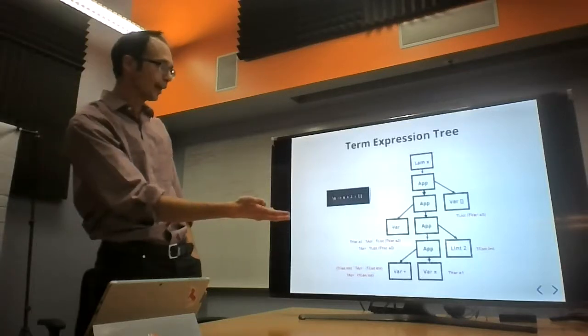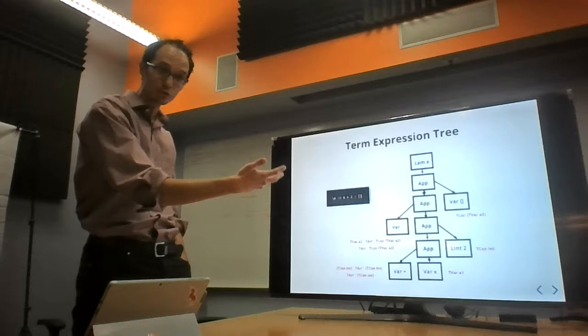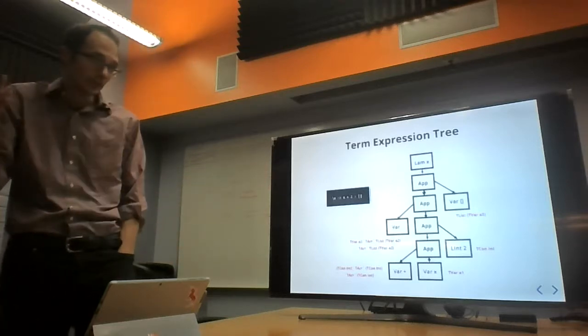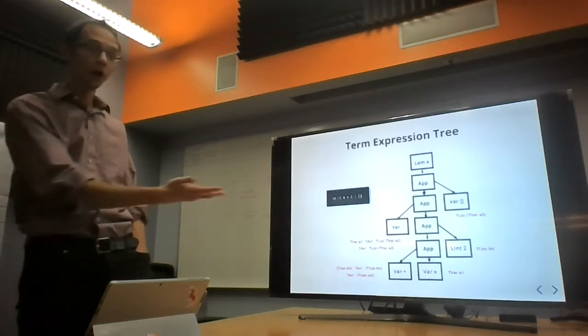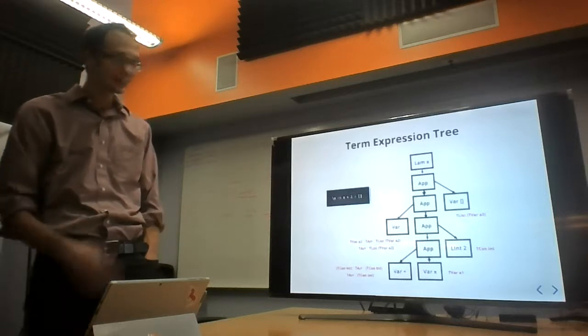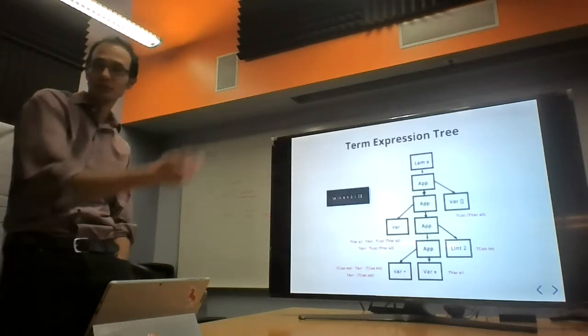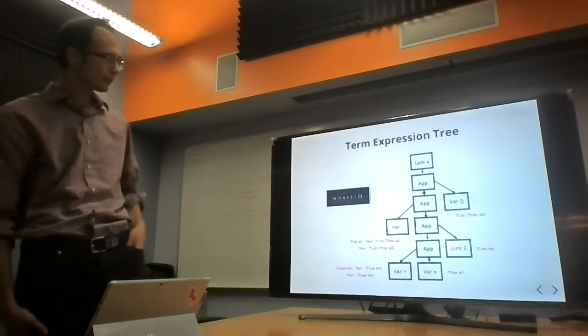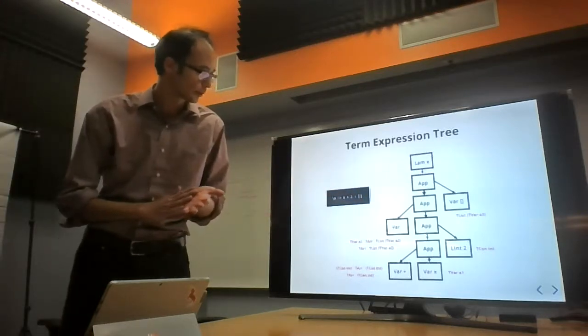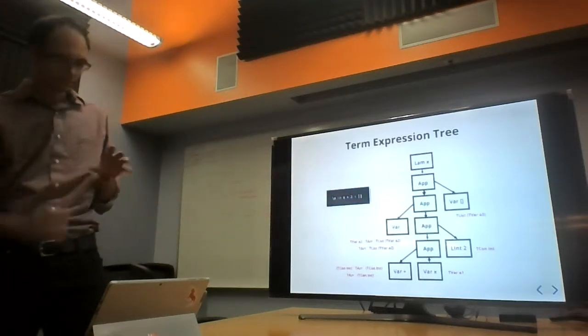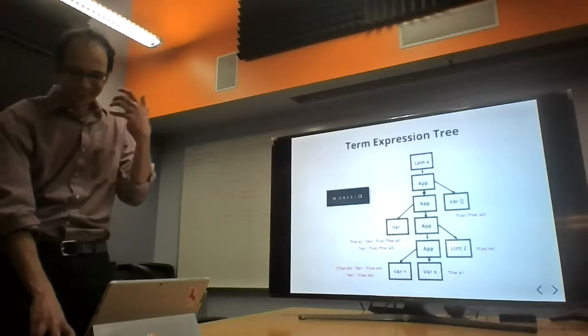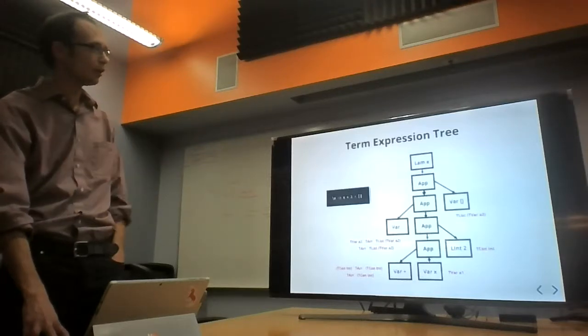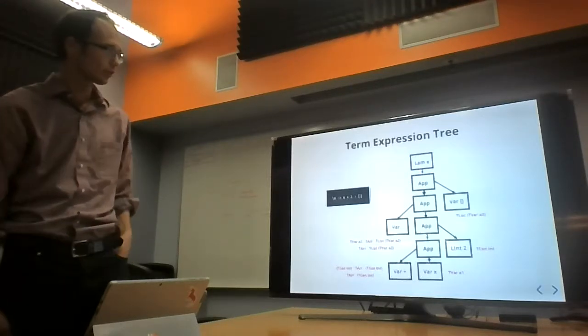X, at this point, I don't know anything about x until I do some inference. So it's just some variable with some type that I don't know, an A1. My literal 2, I do know something about that. That's just an integer. And then my empty list, I also don't know very much about. So this is, in some sense, initial data for solving this constraint problem.